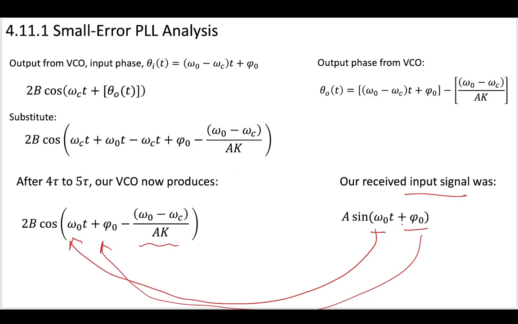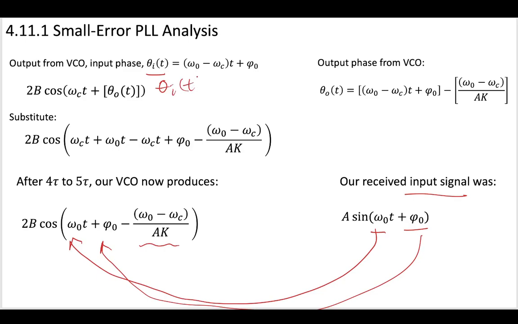So we received some input signal that had a different frequency than the free running frequency of the VCO and some phase offset. And then based on that, we used our knowledge of feedback analysis. We used the definition here in the S domain.